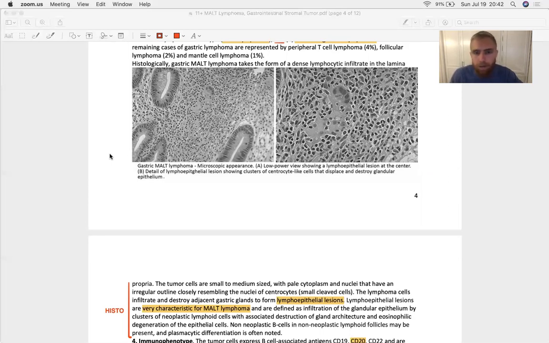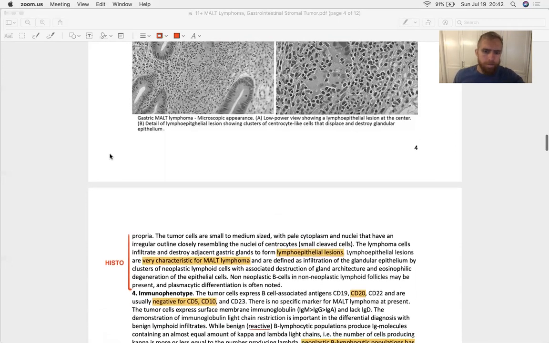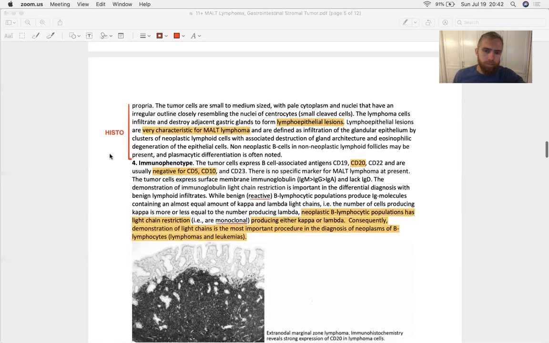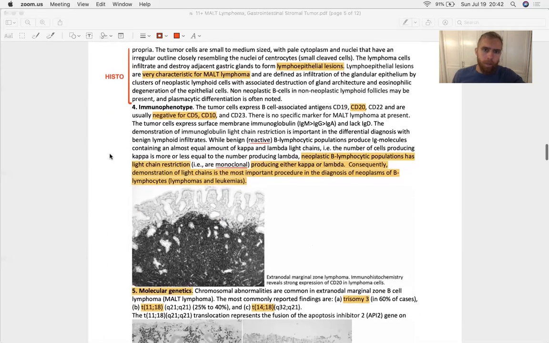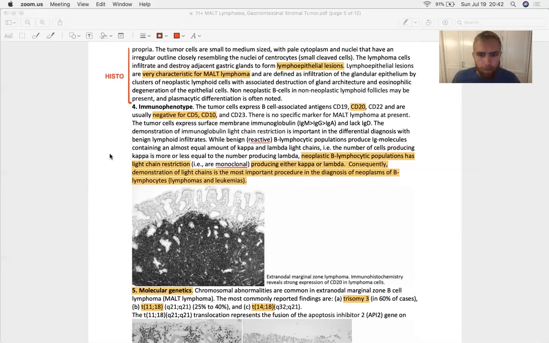Other than that, no other cancer that we are going to talk about in this single exam block looks remotely like this. And again, it's in the mucosal layer, specifically in the lamina propria, which is right deep to the epithelium. And we're referring to the stomach.